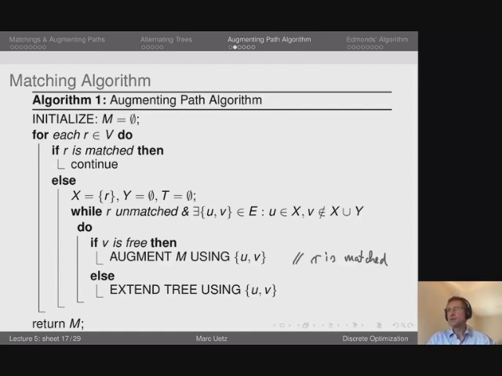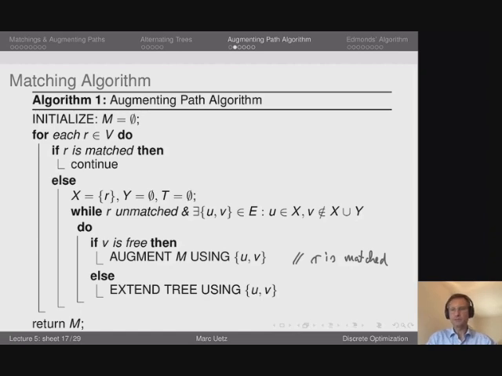He said that he was invited to talk at a combinatorics conference, but he actually had no new result and he didn't know what to talk about. And the evening before it was his turn to give a talk, he was sitting and wondering, what the hell can I talk about? And during that evening, he came up with the idea that I'm going to explain to you right now.